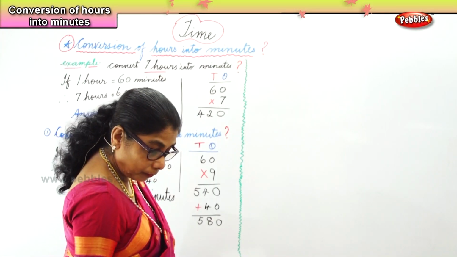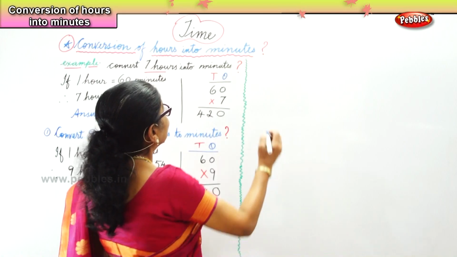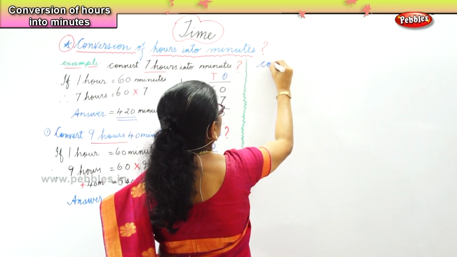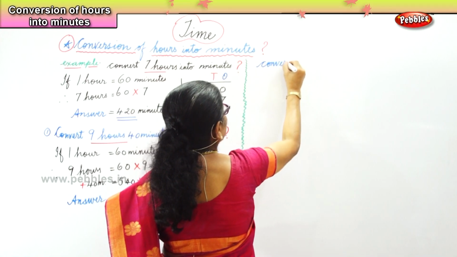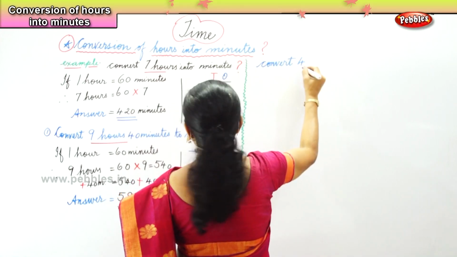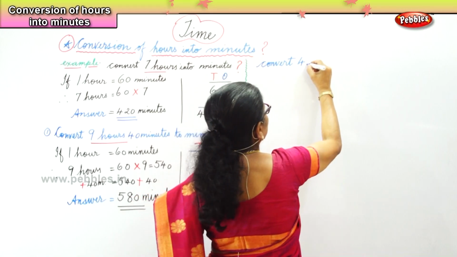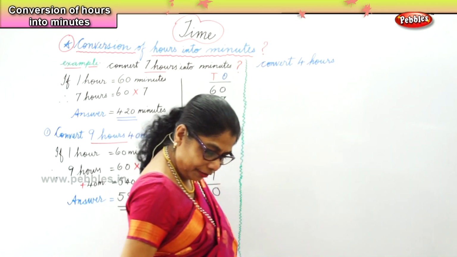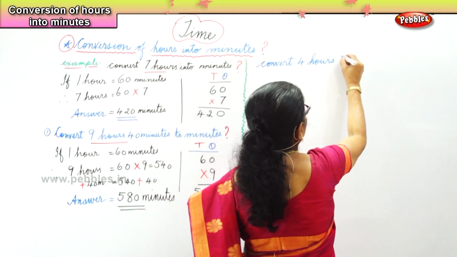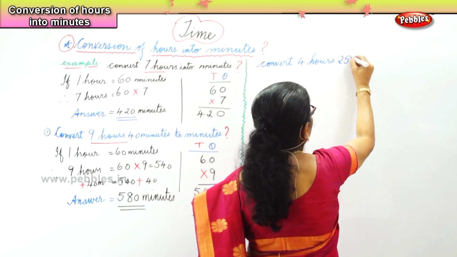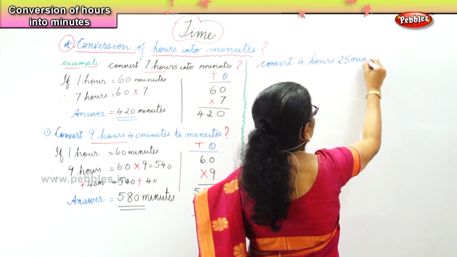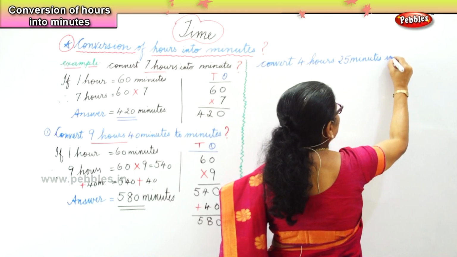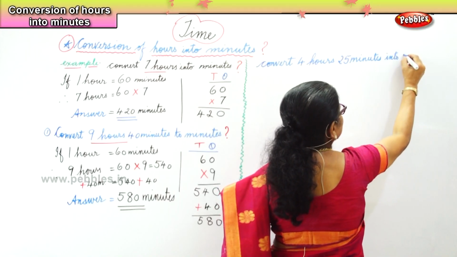Now, let us convert 4 hours and 25 minutes into minutes.